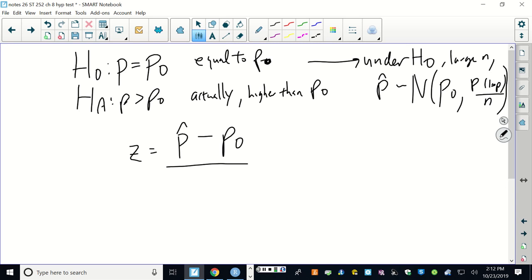But now the null hypothesis says that it's actually p sub 0. So when we standardize this, we're going to put in our null value here.